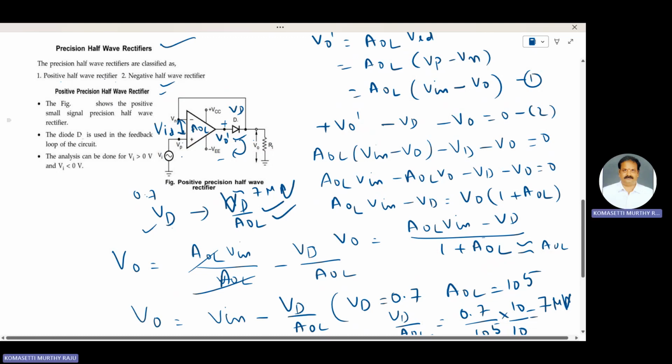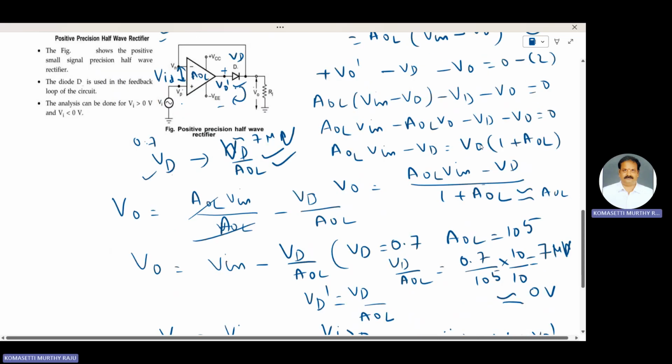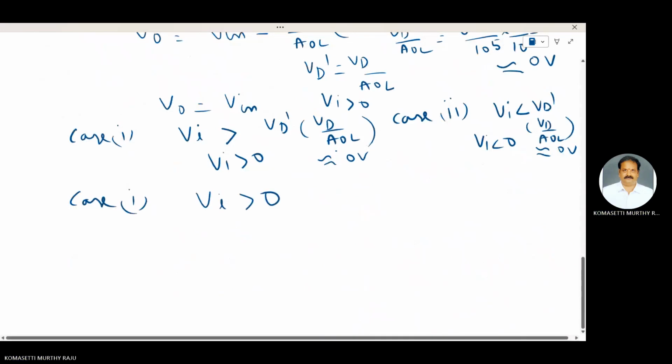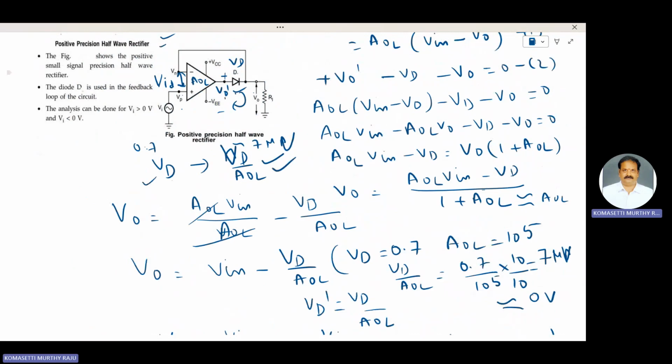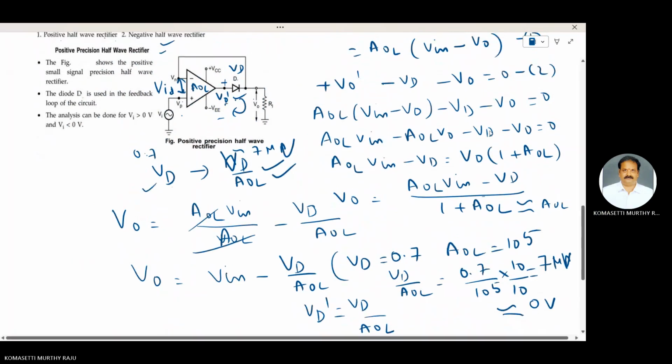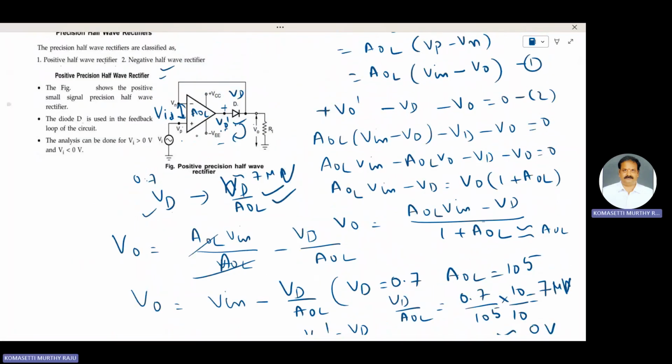Next, to check the condition, case 1: VA is greater than 0. VA greater than 0 means V naught dash is more positive, because VA is connected to positive.